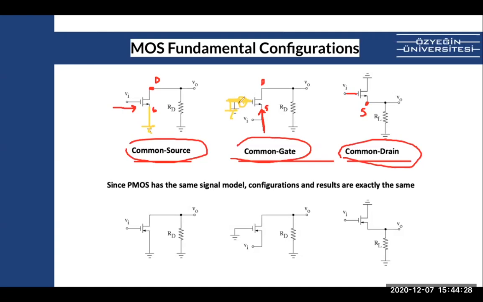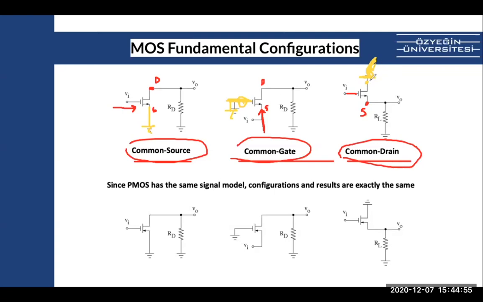So common gate is shorted. In common drain, you might have a supply voltage on the drain, but you don't care about the DC signal, so this is shorted. That's how the name convention comes from.